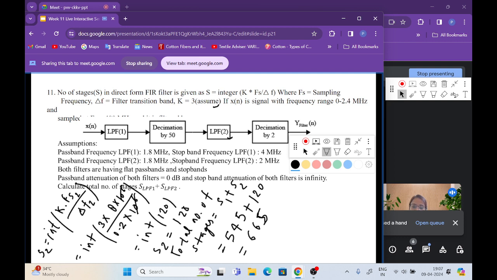Then the total number of stages you can calculate. You can expect this type of question in the exams. I hope all of you understood this question. Can we move to the next question?